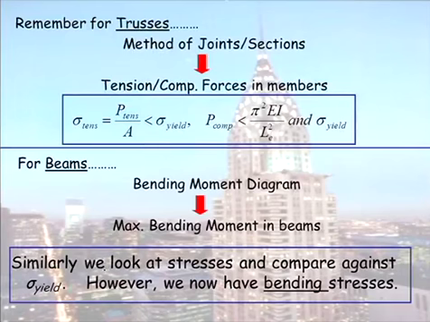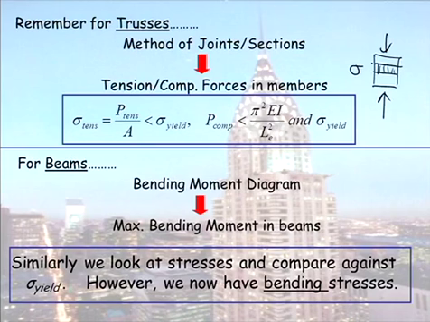So I'll just very quickly go over what we've done already. For trusses, because our forces were only axial, when we applied our internal forces, that gave us a uniform stress distribution.